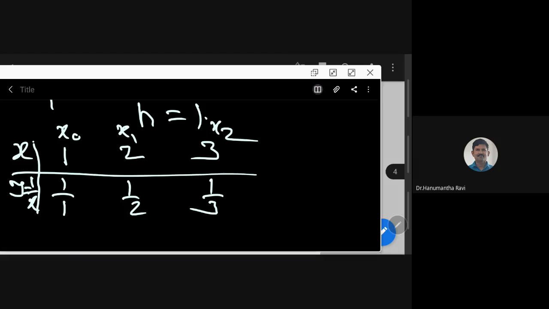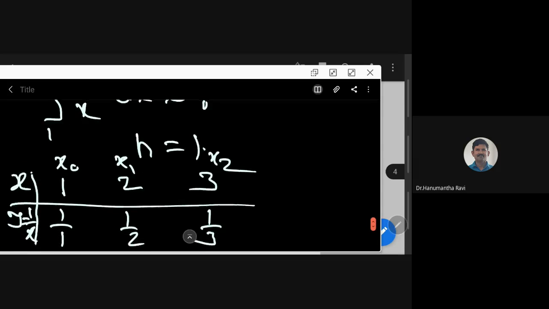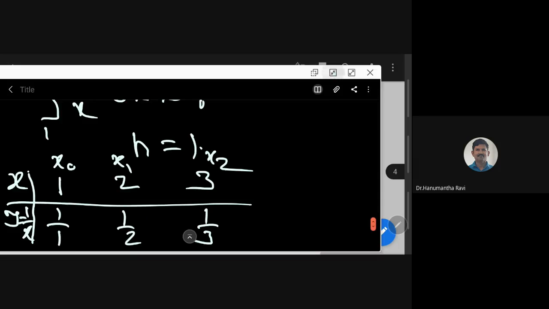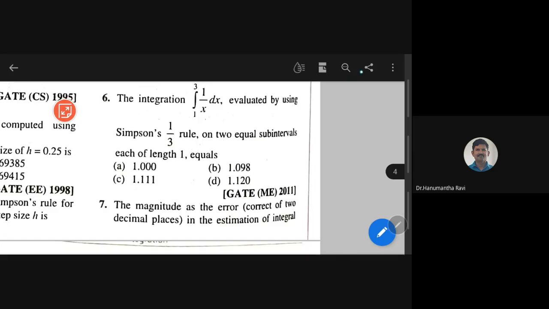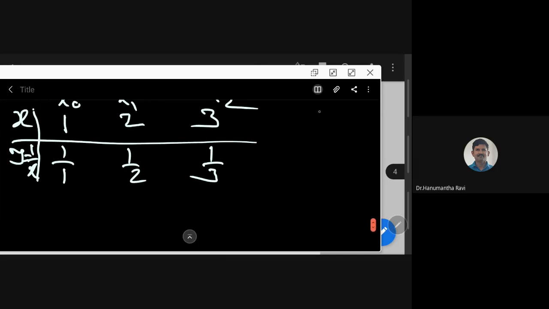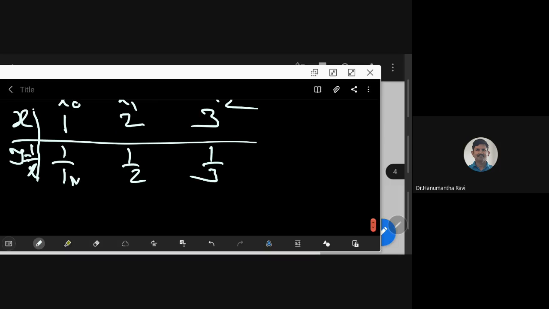In such a case, let me see the problem again. Yeah, right: 1 by x, 1, 2, 3. So the step size is clearly mentioned as 1. This is y0, this is y1, this is y2. Fine.